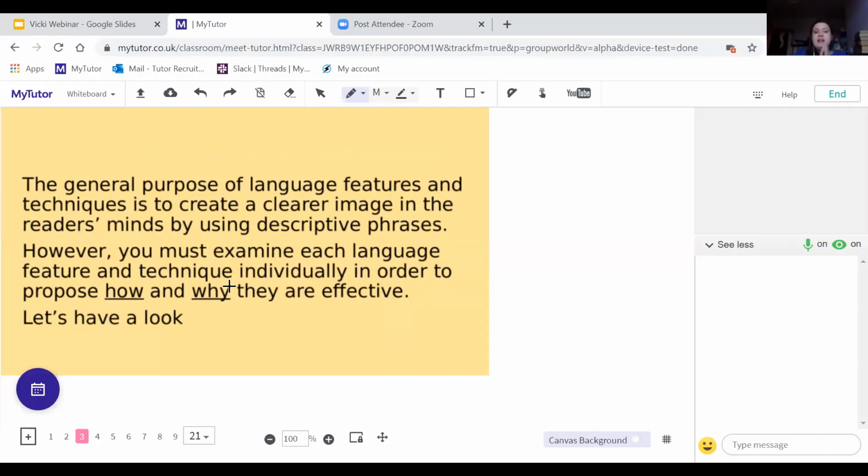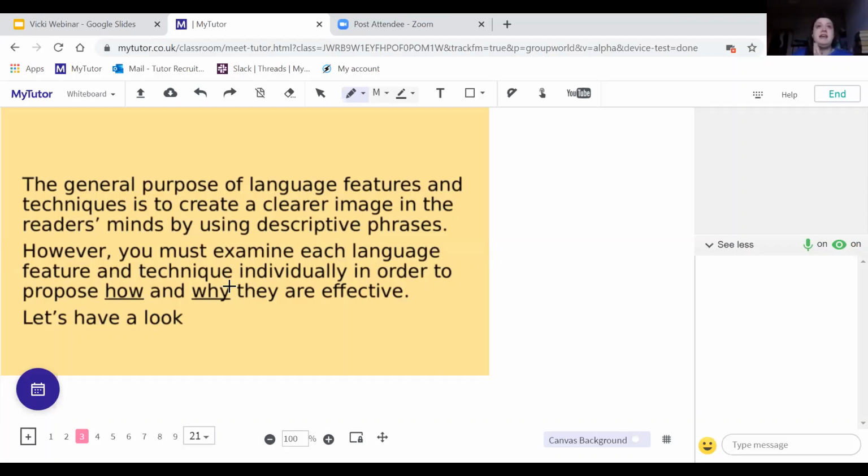So the general purpose of language features and techniques, or devices, whatever you like to call them, is to create a clear image in the reader's mind so we can actually understand what is written on the page, we can visualize it. So when it comes to actually examining them, you need to be specific.